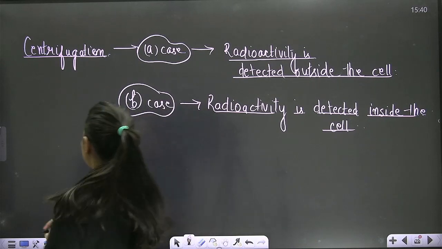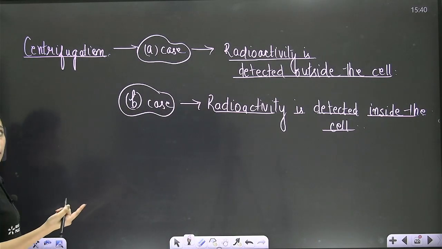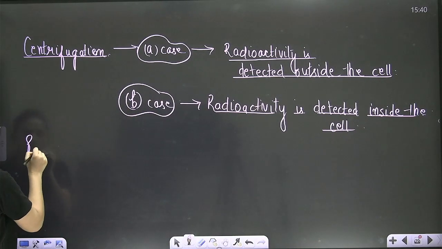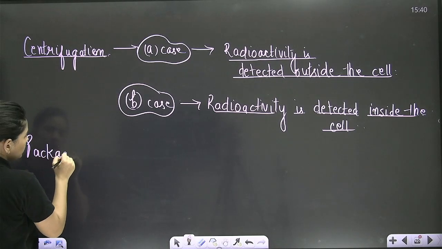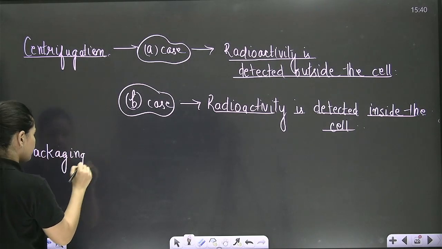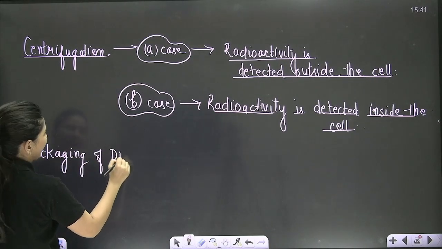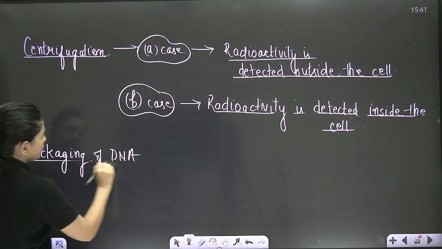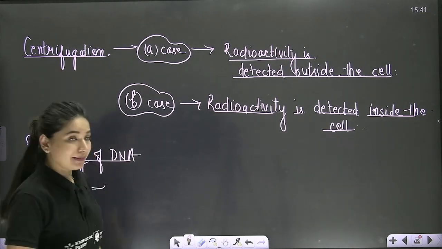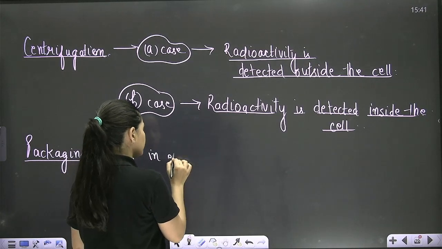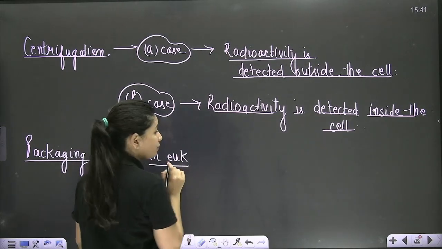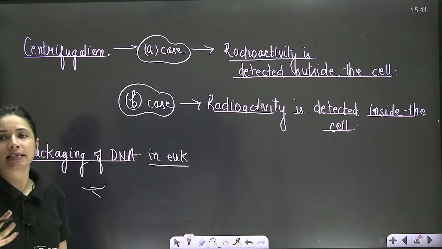So before I start with the central dogma, let's do a little bit about the packaging of DNA, right? When I talk about packaging of DNA, especially in eukaryotes, why is this packaging necessary?